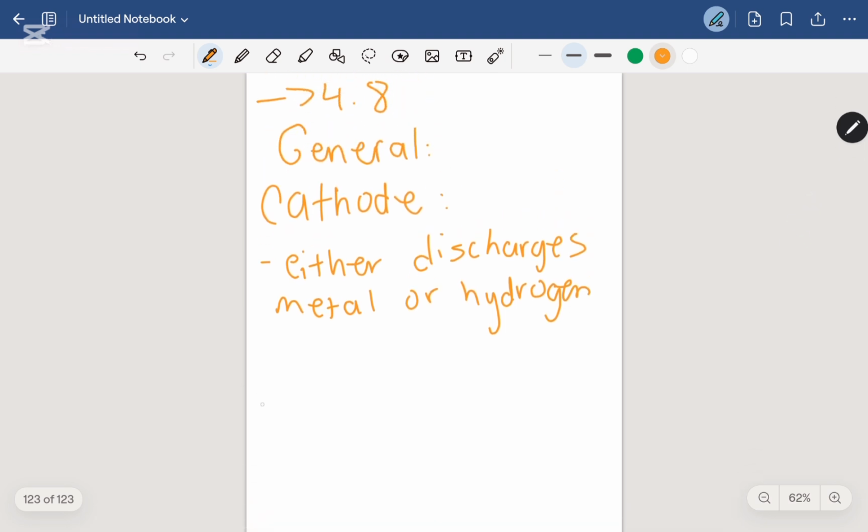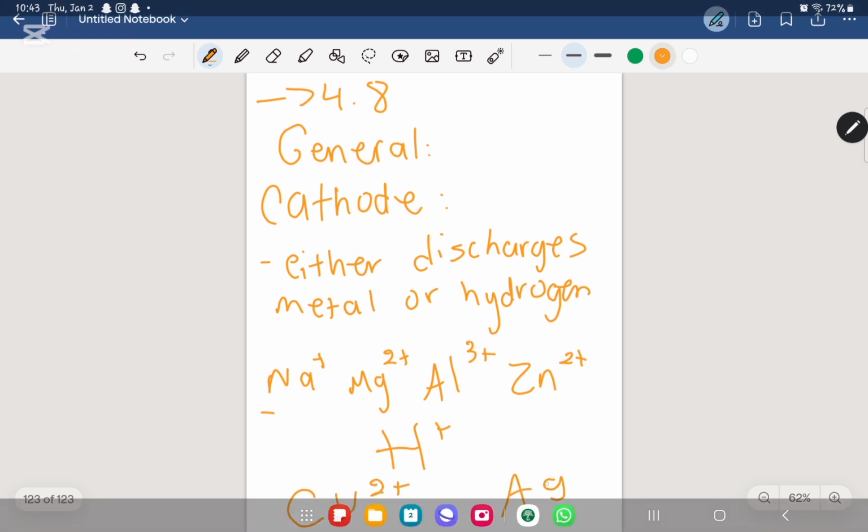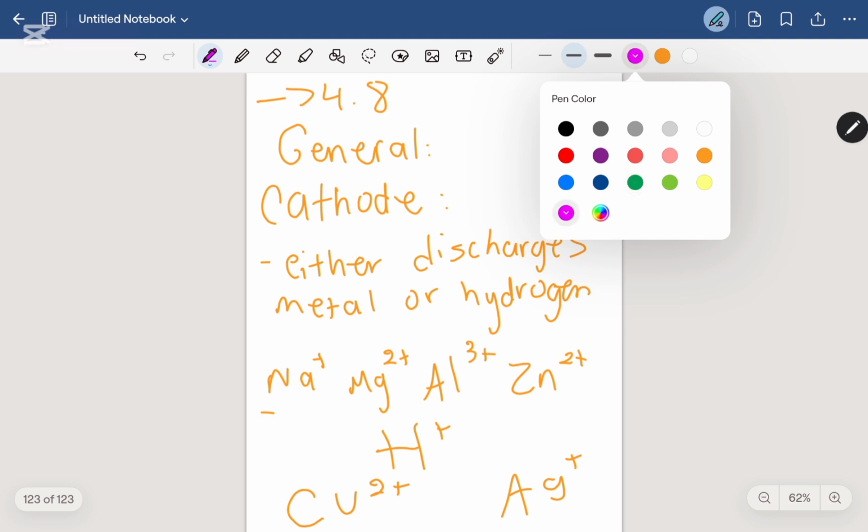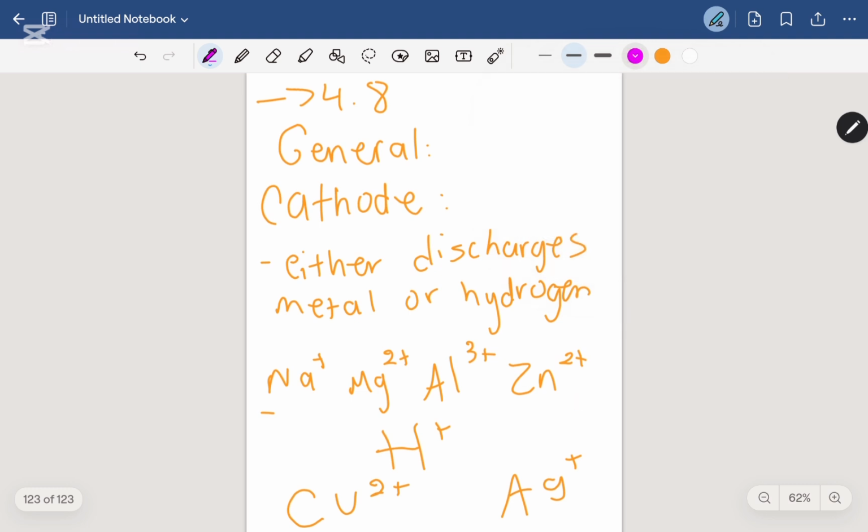Now there is a list of metals we need to know, so I'm gonna write them. We have Na+, Mg2+, Al3+, Zn2+, then we have H+, then Cu2+, and Ag+. So what's gonna happen here is, if we take it like this, the ones above H, no matter what happens, they don't discharge.